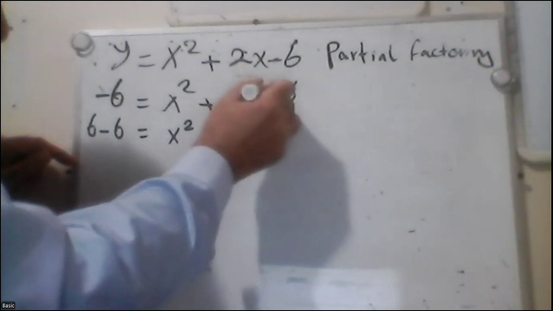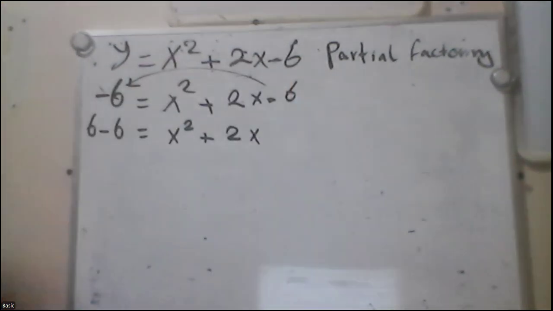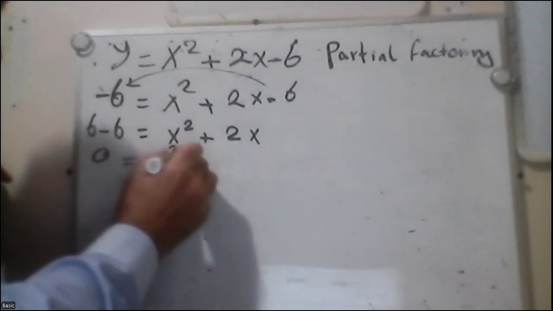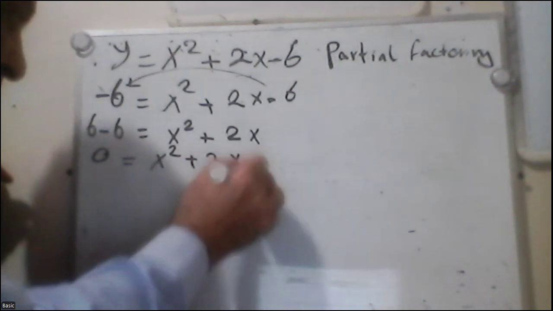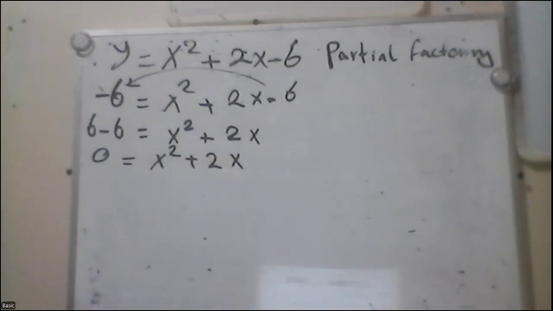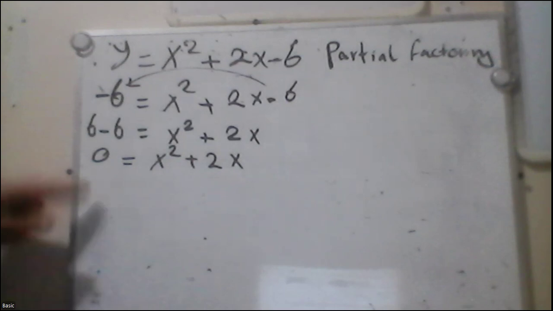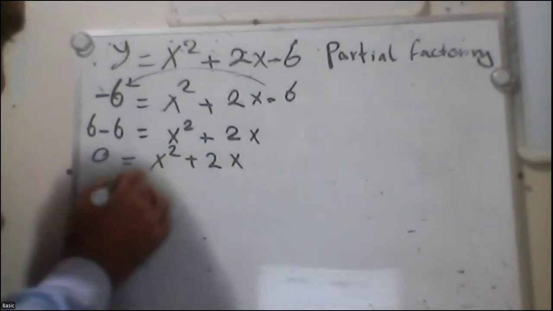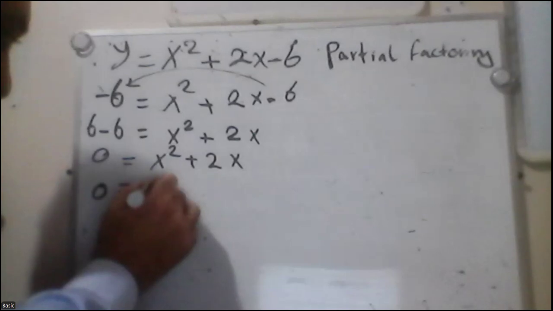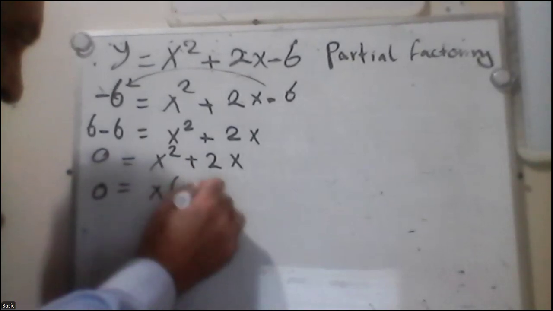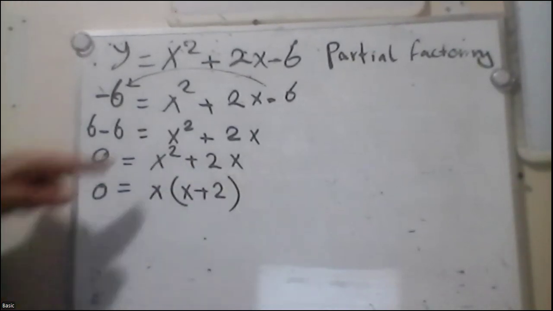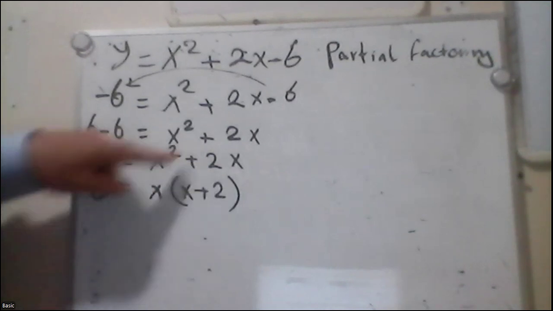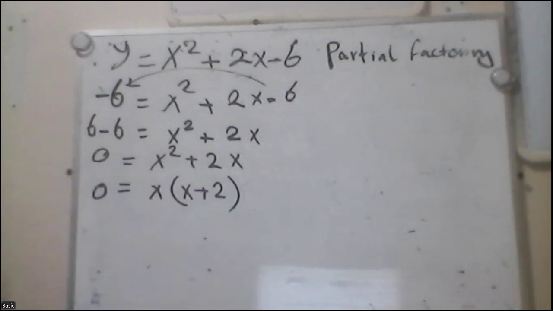Now this will equal 0, which equals x squared plus 2x. Cool. Now I can take x as common factor. So 0 will equal x multiplied by x plus 2. Why this? Because x squared divided by x will give me x, and 2x divided by x will give me 2.